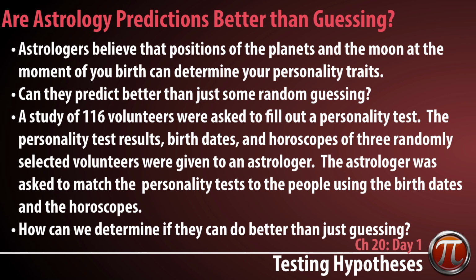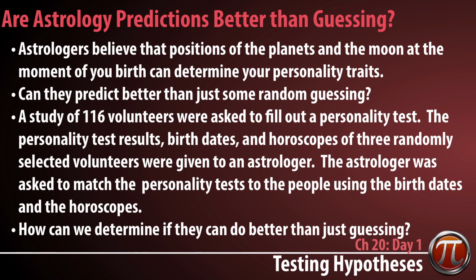We want to know the probability that they could do better than just random guessing. If you take 3 choices and one of them is correct, then 1 out of 3 chances is correct. So if we were blindly guessing which personality test matched which birthday, we get a 33.33% chance, or a 1/3 chance, of getting it right.